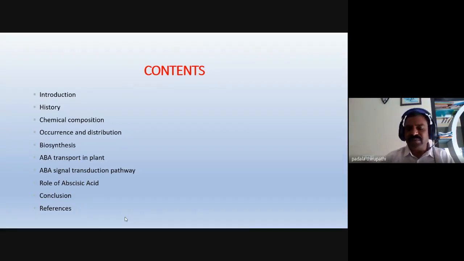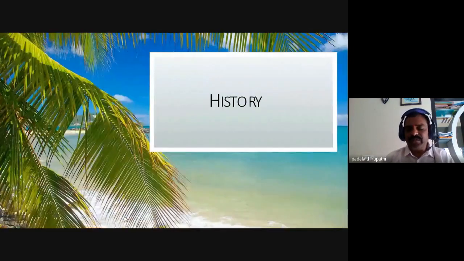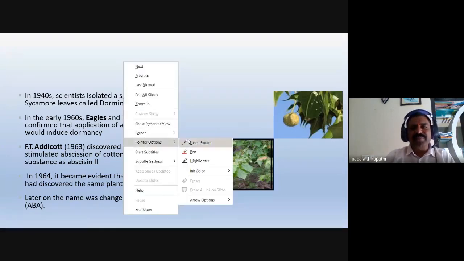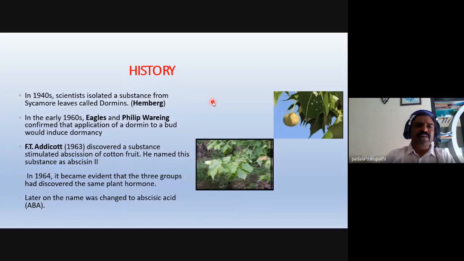Okay, today our topic is abscisic acid and its history, the beautiful hormone. This is a very interesting hormone. Regarding the discovery of this hormone, in the 1940s scientists isolated a substance from sycamore leaves, called dormins.